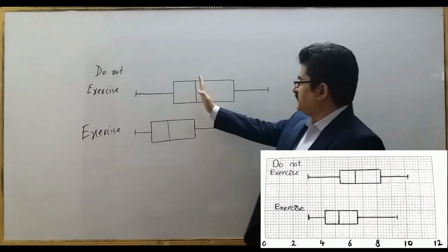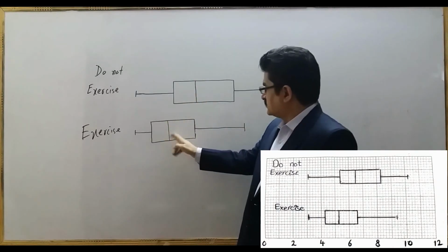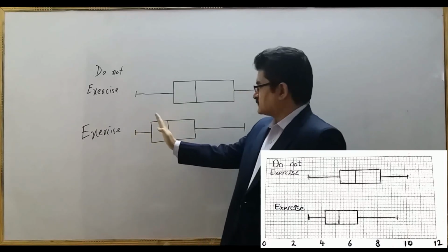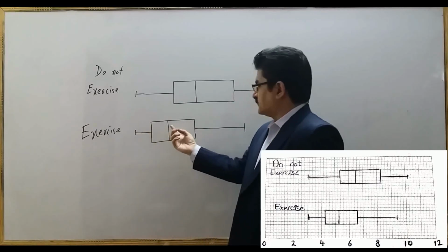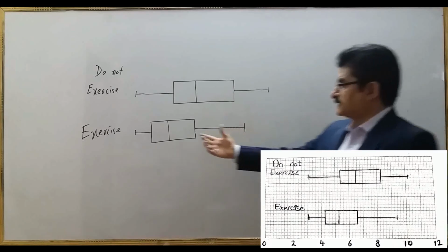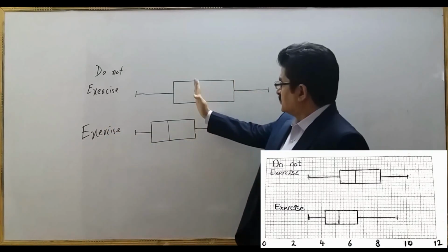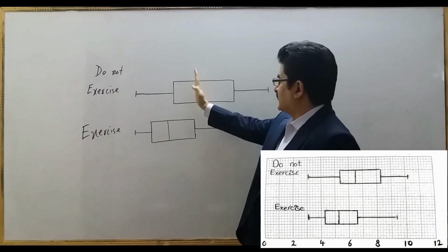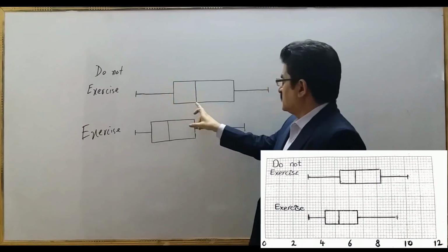So look at the median. Median means 50% of people have cholesterol level from this to this. This is the spread of cholesterol count for the first 50% of people who exercise. And for those who do not exercise, the cholesterol count of the first 50% is here.